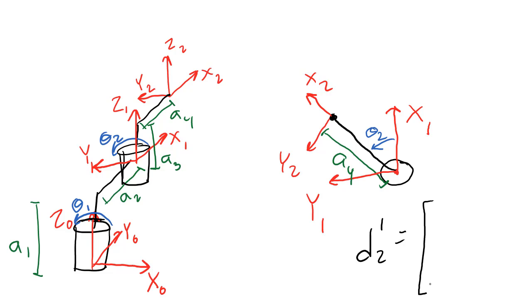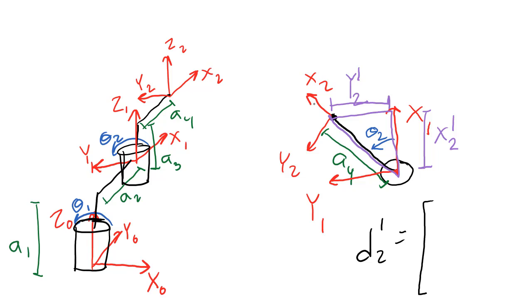Remember that we need an x value, a y value, and a z value. Since we know the angle θ2, let's focus on this triangle right here. This distance would be equal to the y position of frame 2 inside frame 1. And this distance here would be the x position of frame 2 in frame 1. Can we use sines and cosines to figure out what those values are?